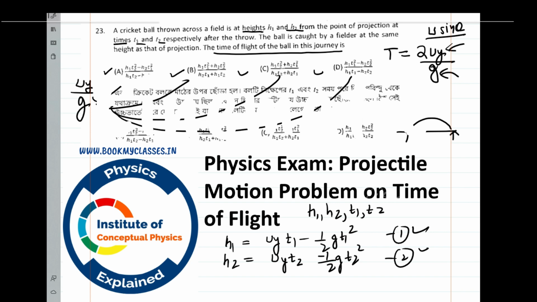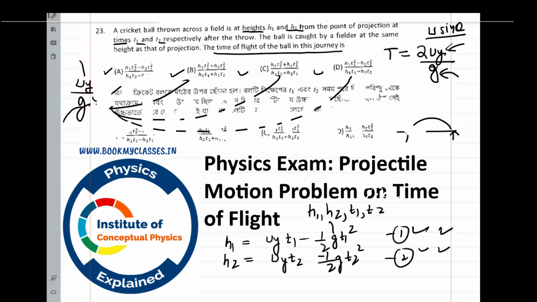So that's a dilemma. The way to solve such a question is elimination of variable. We want to express uy upon g in terms of a, b, c, d, and we have two equations. So what you do is you solve these two. You have two unknowns, namely uy and g.